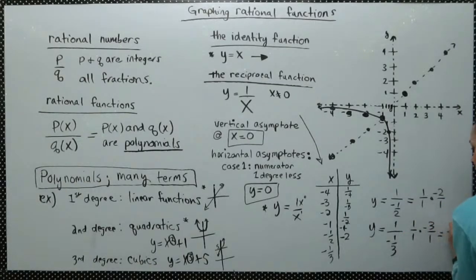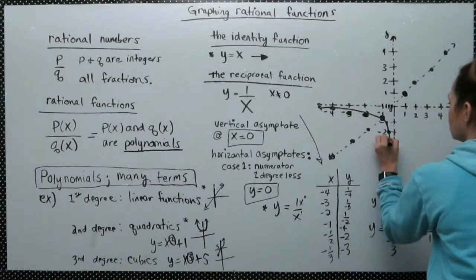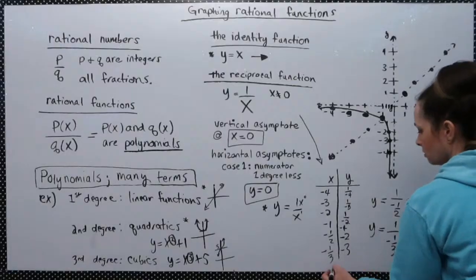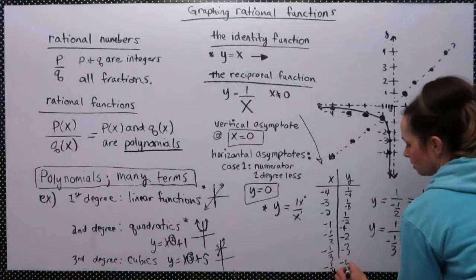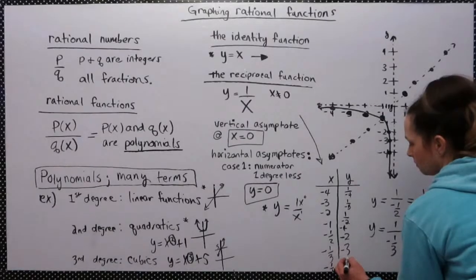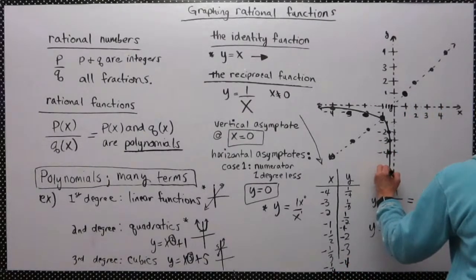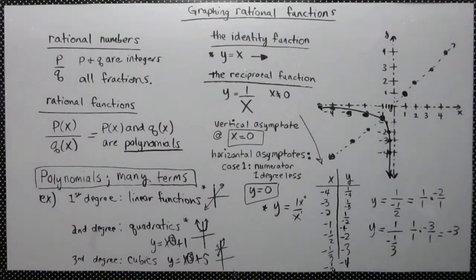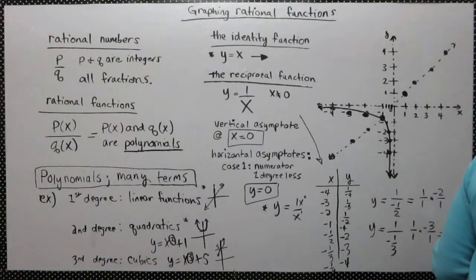That's going to be -3. So -3 is on there. And then the same for -1/4. It's going to be -4 for y. So we have this sort of thing going on for our rational function. All right. And then you get to 0 and it's undefined.